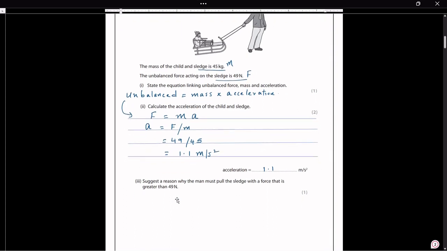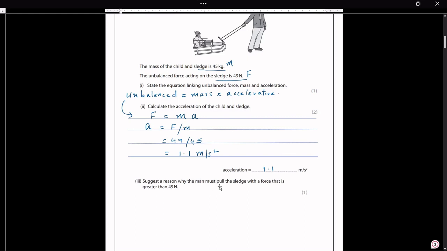Now let's move on to the next part of the question. Suggest a reason why the man must pull the sledge with a force that is greater than 49. So here we have seen that the unbalanced force acting on the sledge is 49.